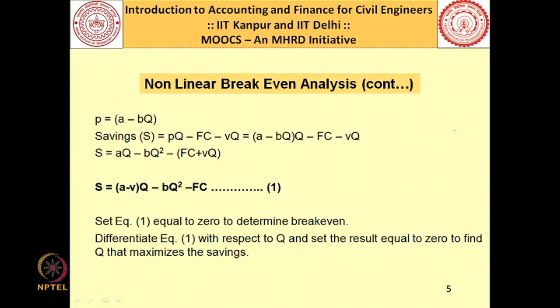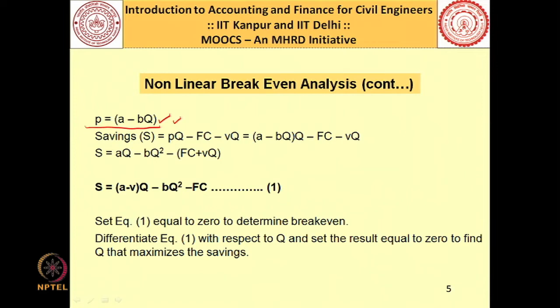The other type of problem is one in which we are directly given the equation. For example, the purchase price, or rather the sales price, may be given as A minus B into Q, where Q is the quantity we are producing and A and B are constants. These values will be known to us in the problem.